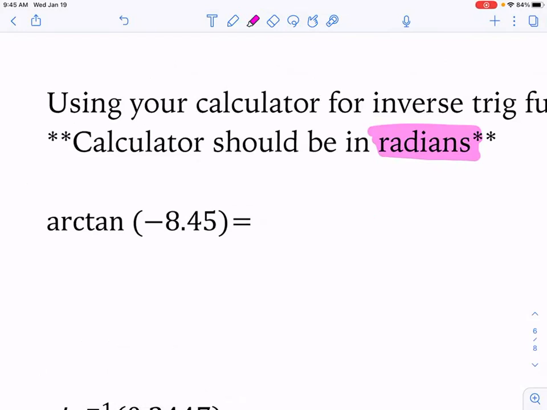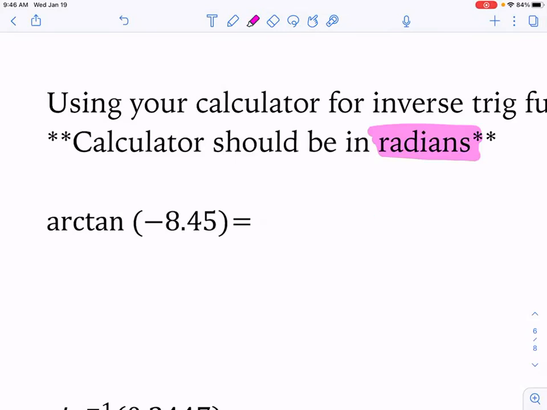Your inverse trig functions are the second of your normal trig functions. Can you find them? Wherever sine, cosine, and tangent are, when you press second sine, that's your inverse sine.